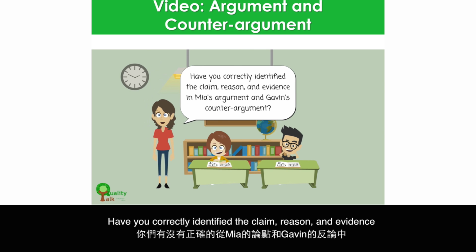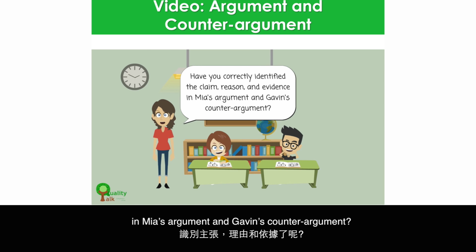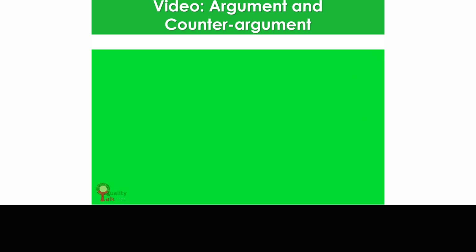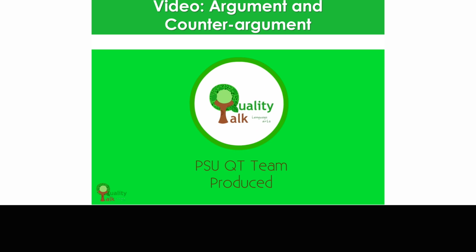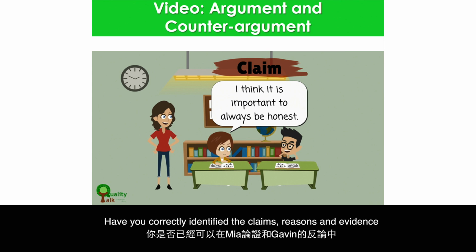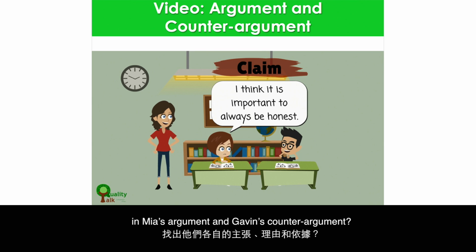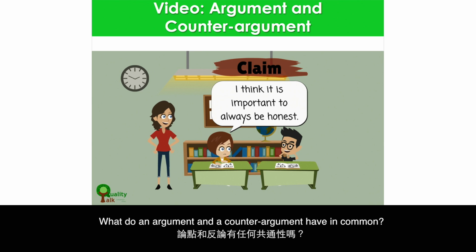Have you correctly identified the claims, reasons, and evidence in Mia's argument and Gavin's counter-argument? What do an argument and a counter-argument have in common?